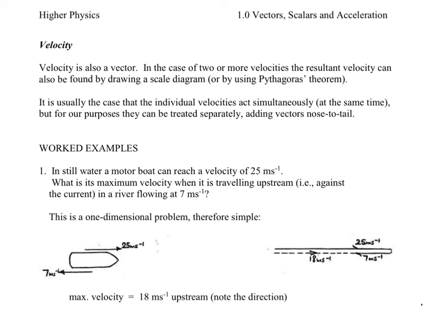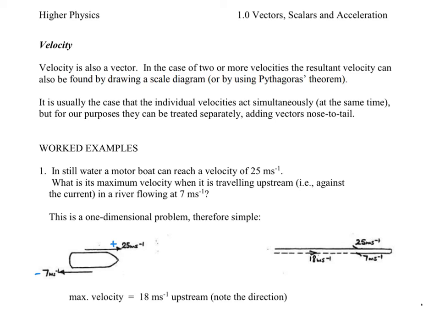Just another way of looking at this is that, remember we talked about velocity vectors being either positive or negative. So you can look at the boat's velocity vector as being positive, or plus 25 meters per second. You can look at the river velocity as being minus 7 meters per second. Okay, because remember we said that if you've got two vectors which are in opposite directions, sometimes it's useful to treat one direction as being positive and one direction as being negative.